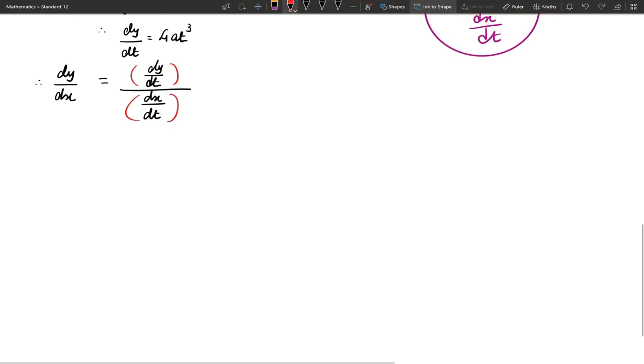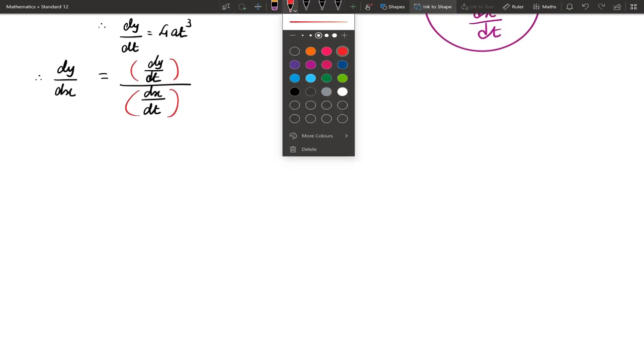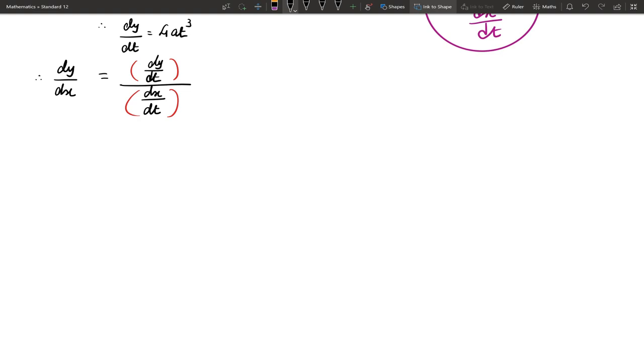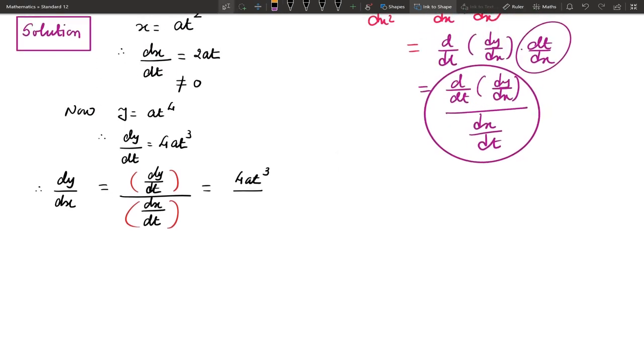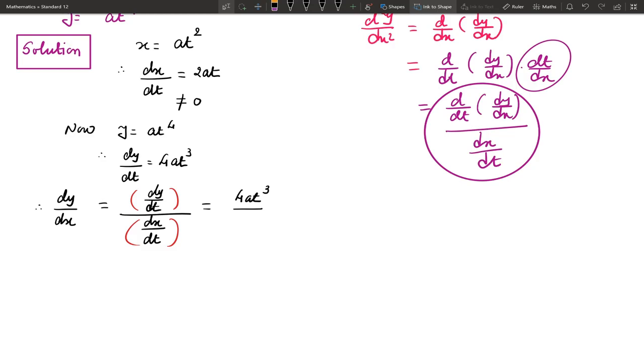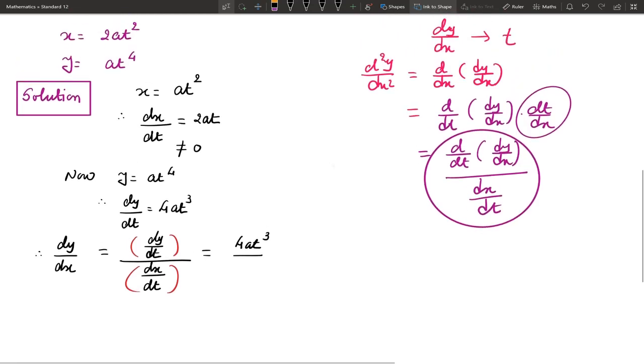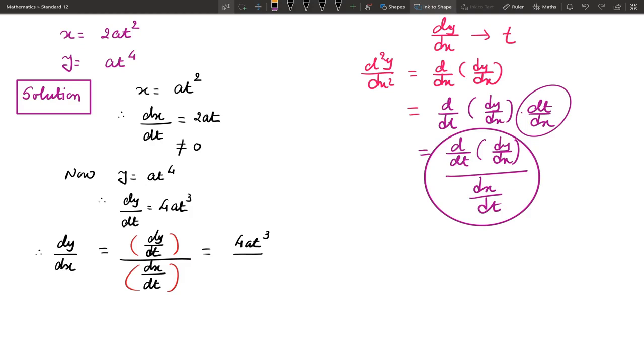So now we put values for dy by dt and dx by dt. 4at cube upon 2at, x equal to at square, sorry, it is 2at, or you can consider x equal to at square.